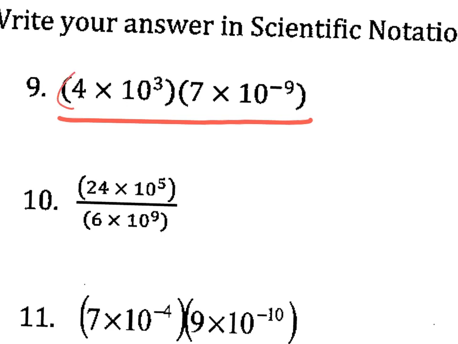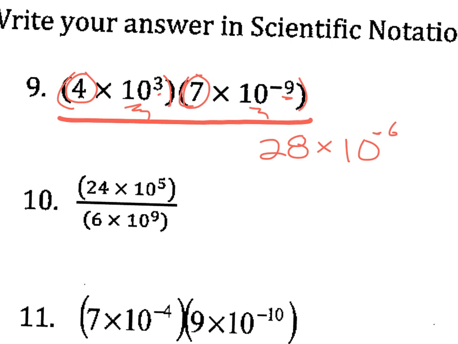We've got two parentheses right next to each other, so that's a multiplication problem. In a multiplication problem, you multiply your regular numbers together, you get 28, and you add exponents. 3 plus -9 is -6.